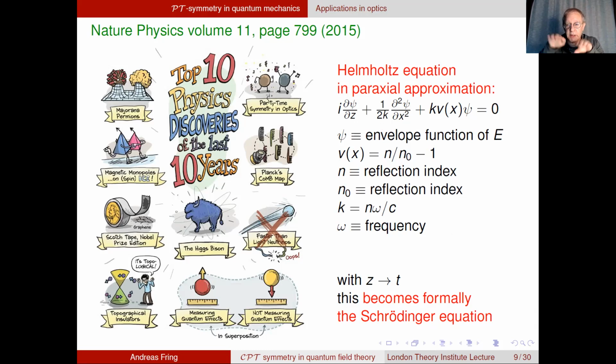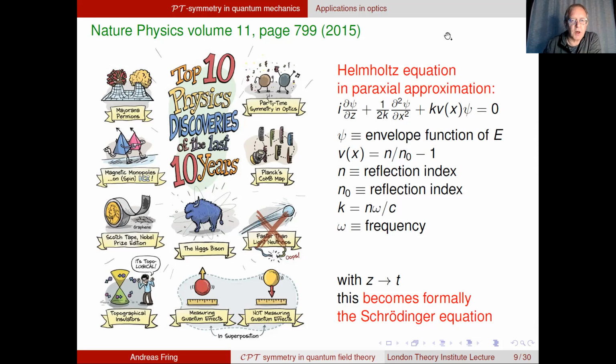And when you are in the broken regime, which from a quantum mechanical point of view is a bit problematic because you get growth and decay, which doesn't seem to be consistent asymptotically. But in optics, people can build this, and this corresponds to gain and loss, which are balanced out.